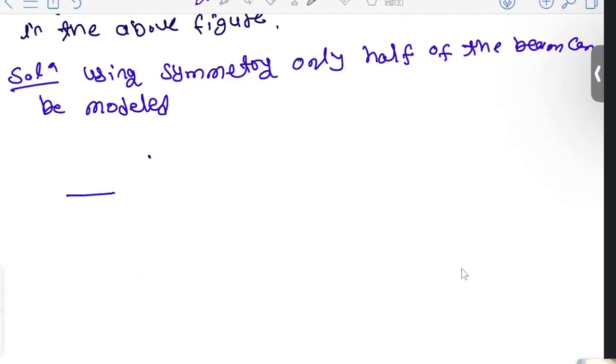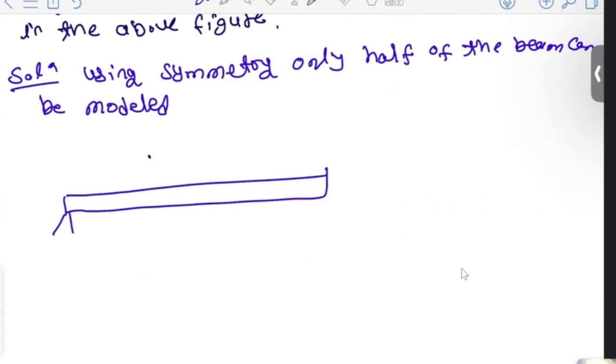This is our beam, and this is hinged at this location, and here we will put a roller, because it is allowed to move in the vertical direction, but it also has zero rotation. So this is our force, 4 kilonewton, because the total is 8, so it will be 4 on both sides.